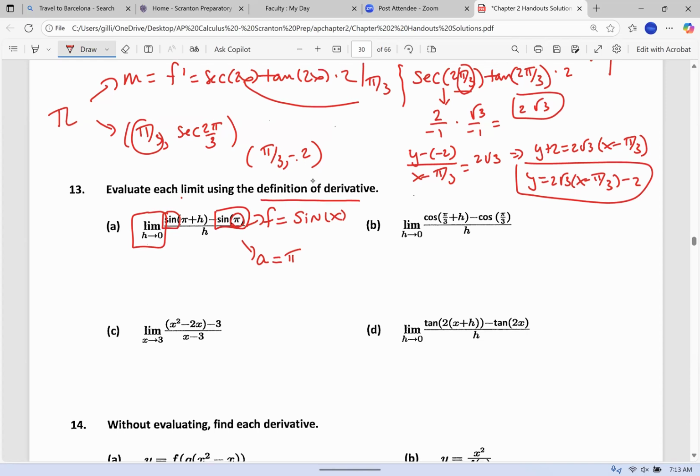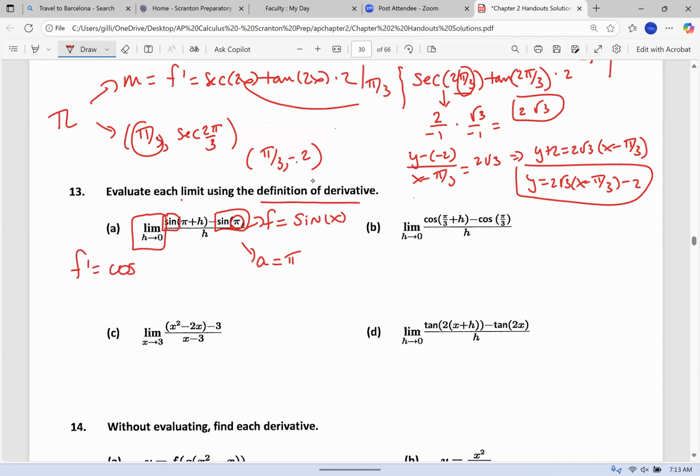So the derivative of sine is cosine of x. And now I'll sub in the pi, and the cosine of pi, pi puts me over here, and the x-coordinate there is negative 1. So now we're responsible for putting down the final answer.